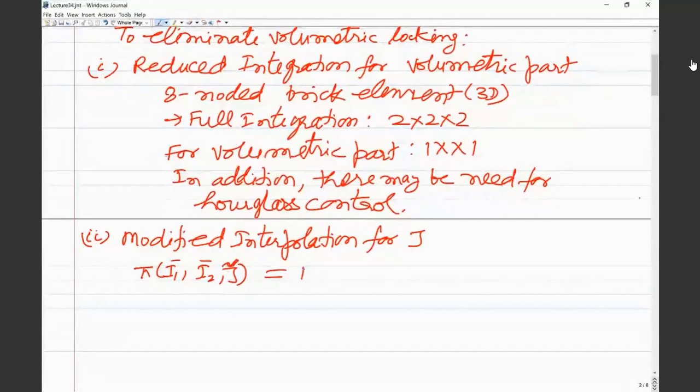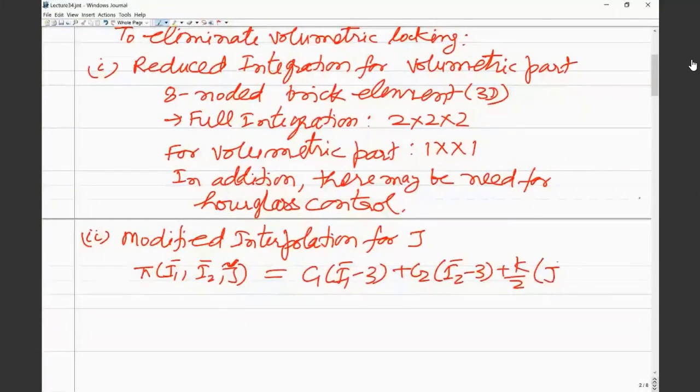This will be as I had written for the Mooney-Rivlin model. You will have C1 into I1 bar minus 3 plus C2 into I2 bar minus 3 plus K by 2 into J minus 1 squared. Here use J tilde minus 1 whole squared.